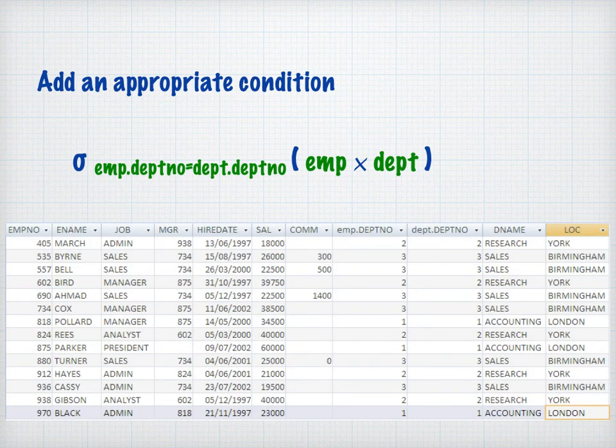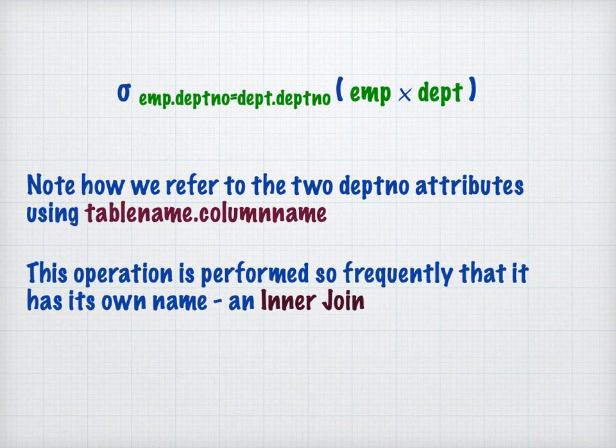So here you can see the two tables combined. The emp table is on the left, the department table is on the right, but we've only kept the rows where the department numbers match between those two department number columns. Now that is an example of a Cartesian product and a selection.